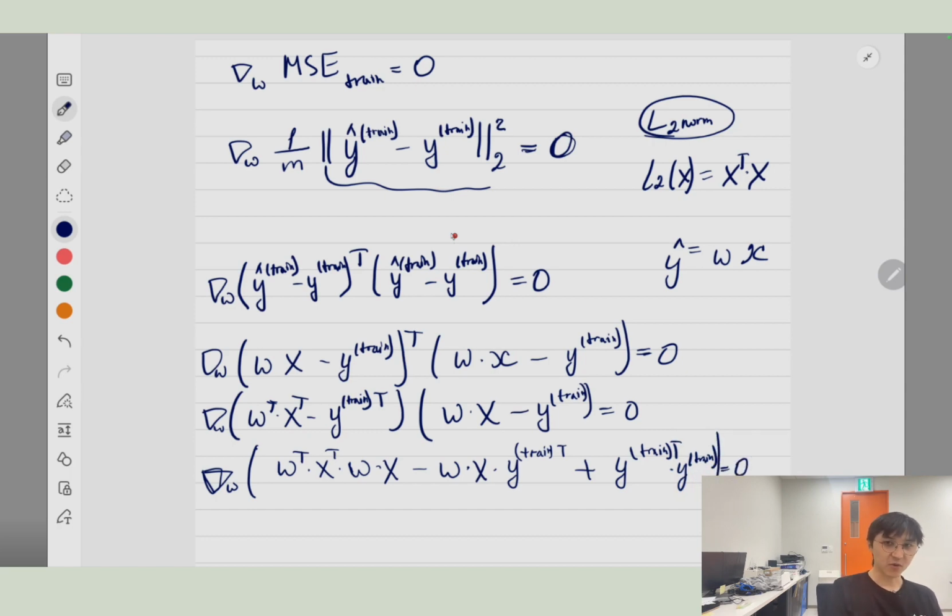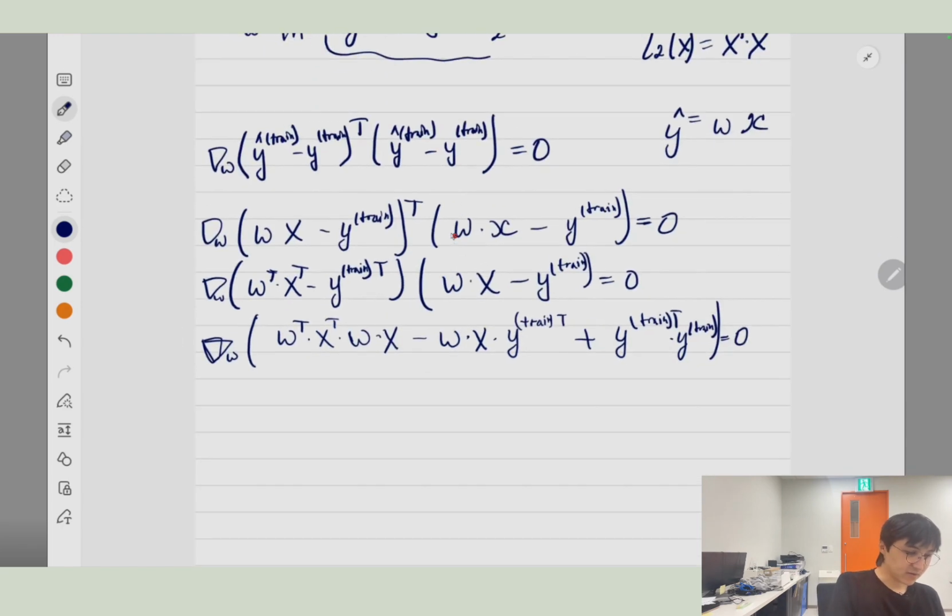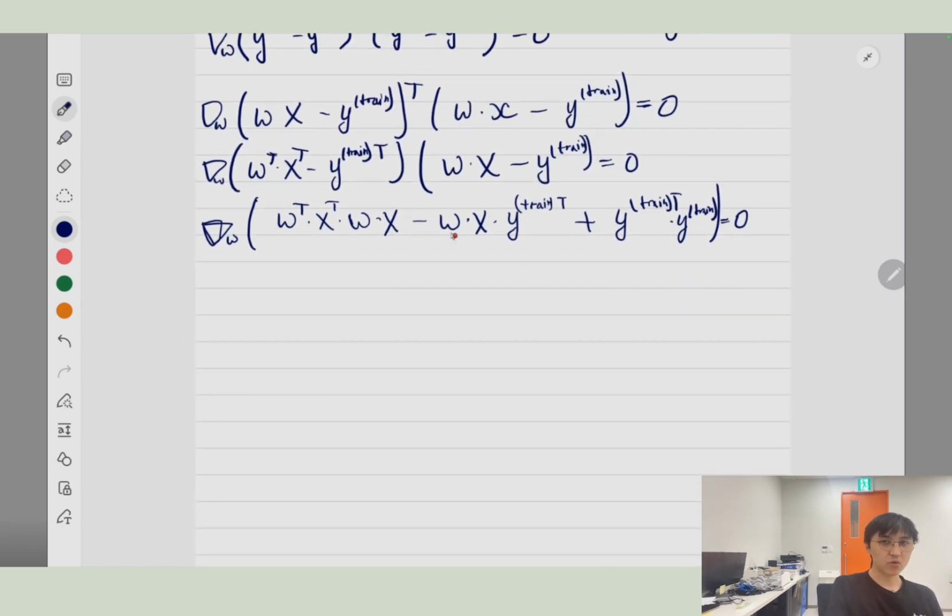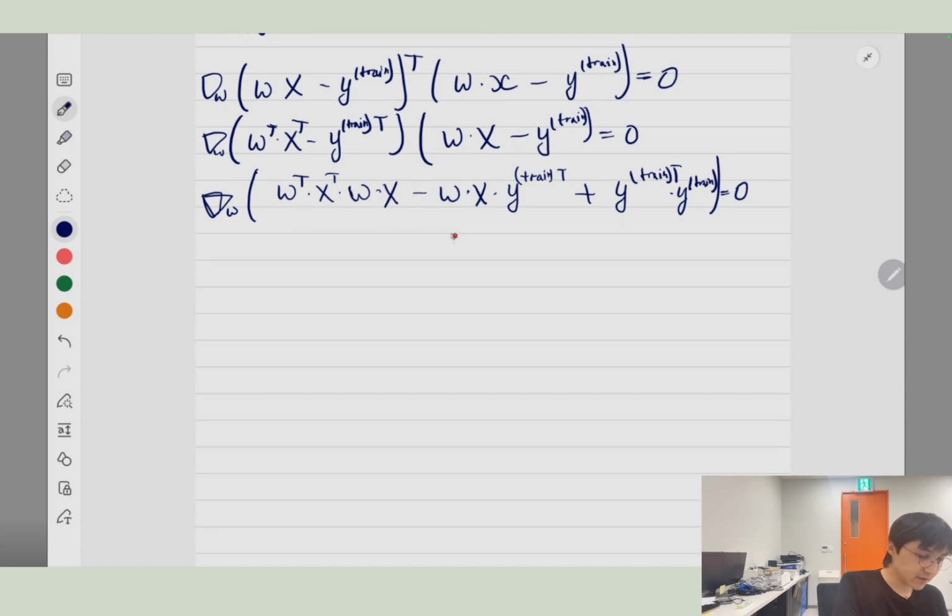So we want that thing to be 0, okay? In the end of this equation, we will come out with the normal equation. So we will receive that thing.